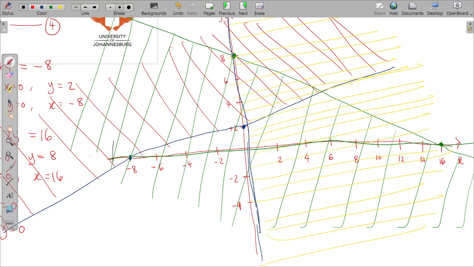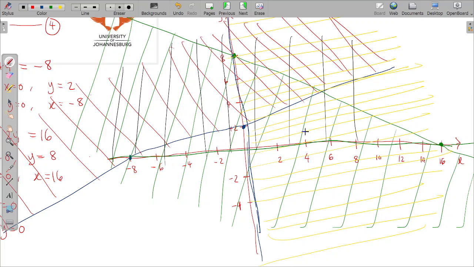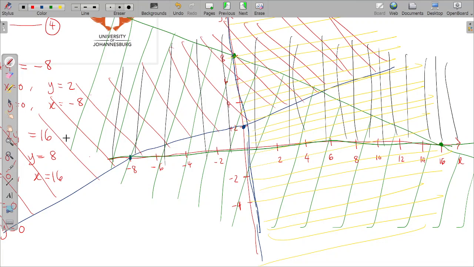Let me use another color. This is the side of y greater than 0. Don't forget again, I'm shading the correct side.